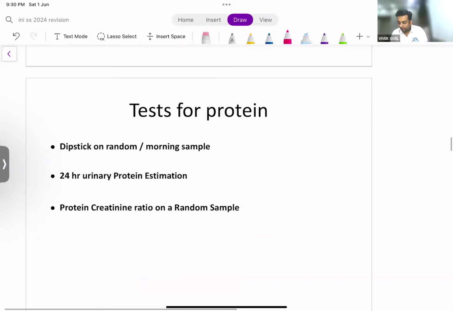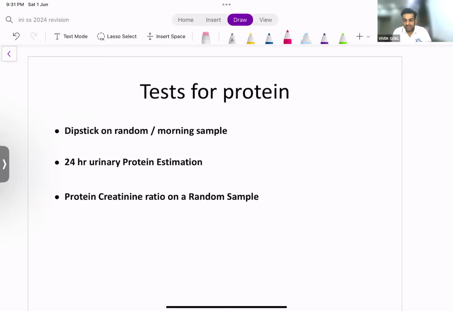Now, tests for protein. We studied some specific tests for detecting albumin in the urine: the colorimetric method, the immunoturbidometric method, nephelometry, HPLC. That was fine. But usually, what are the tests for protein excretion in the urine? Number one, we do a dipstick test, which could be done on a random urine or a morning sample.